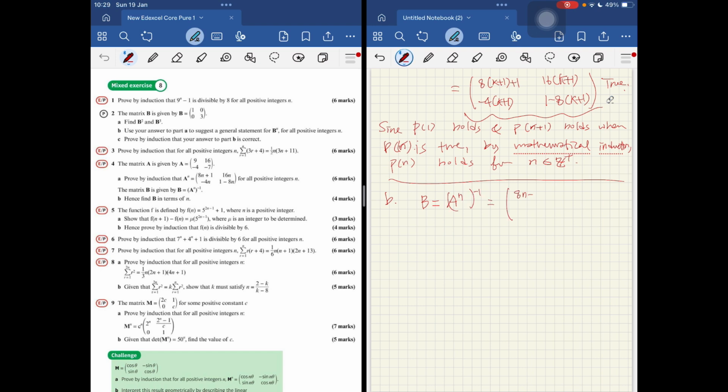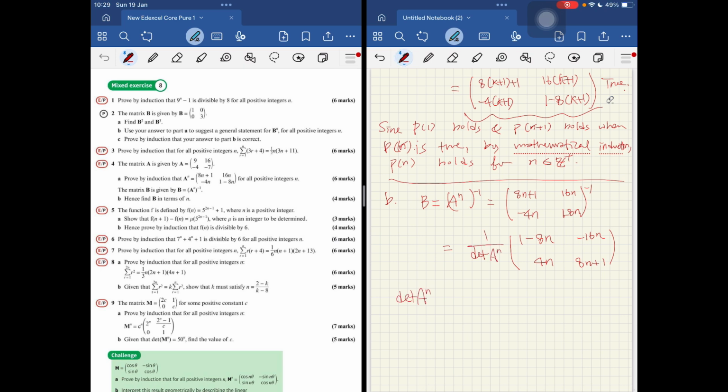So A^n is 8n plus 1, 16n, negative 4n, 1 minus 8n, to the power of negative 1. So the determinant, before the determinant, 1 minus 8n, 8n plus 1, negative 16n, 4n. And the determinant of A^n, 1 over.